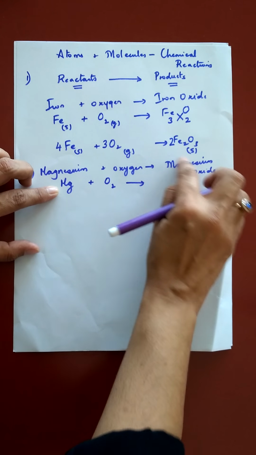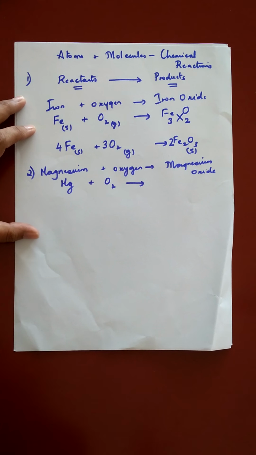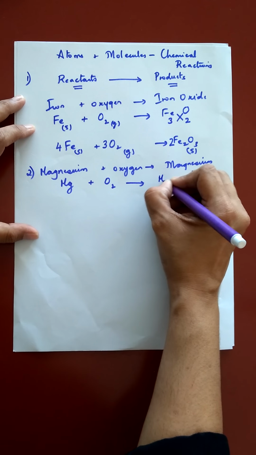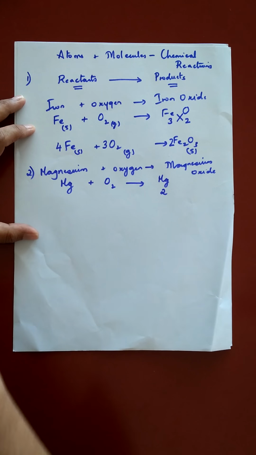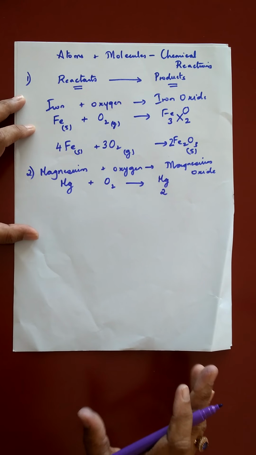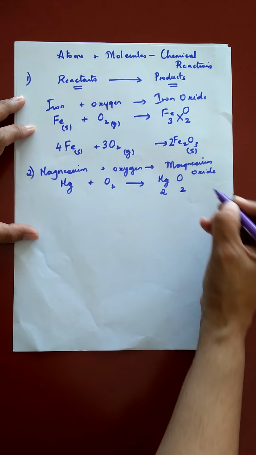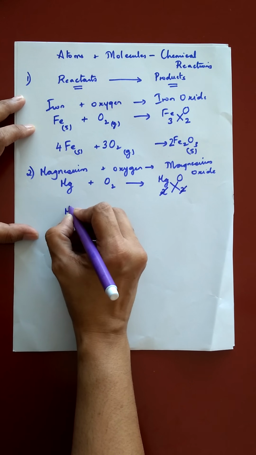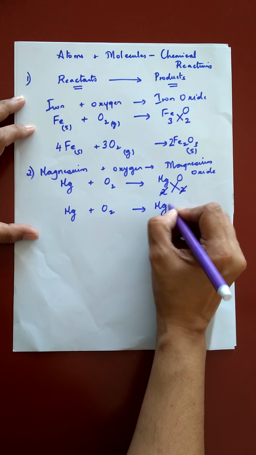To write the molecular formula of this compound, you write the symbols, you write the valencies and you cross multiply. Magnesium is Mg, the valency of magnesium is 2. You have to look at that table, so you have to know the valencies well. Oxygen or oxide is O, valency is 2. The 2s cancel. So you get Mg plus O2 gives MgO.